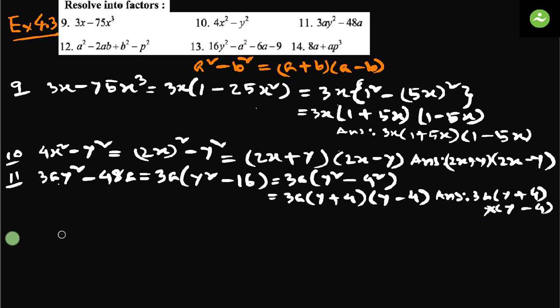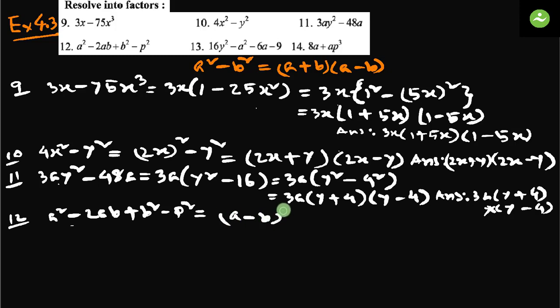Number 12. a square minus twice ab plus b square minus p square. We know a minus b whole square equals a square minus twice ab plus b square. So instead of this we can write a minus b whole square minus p square.